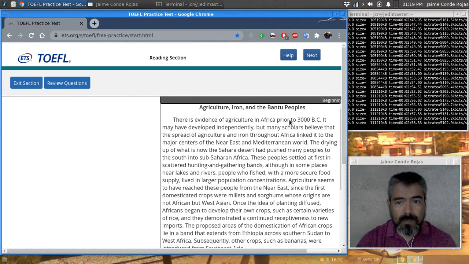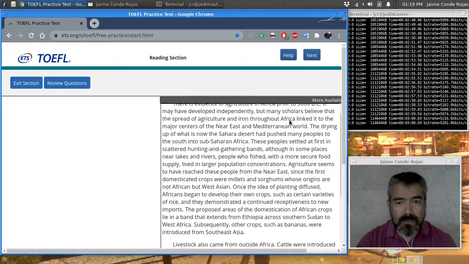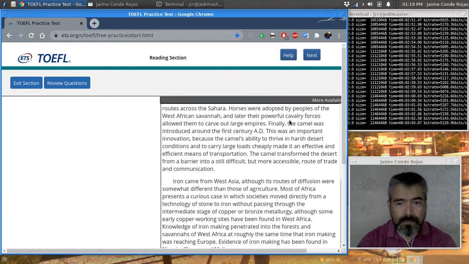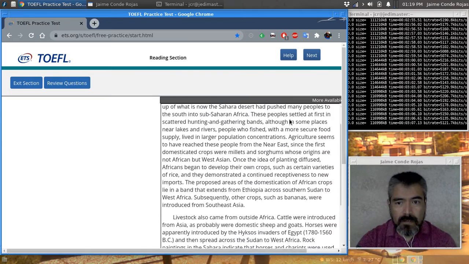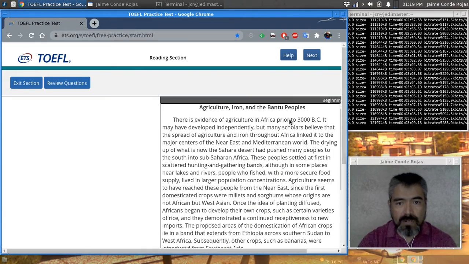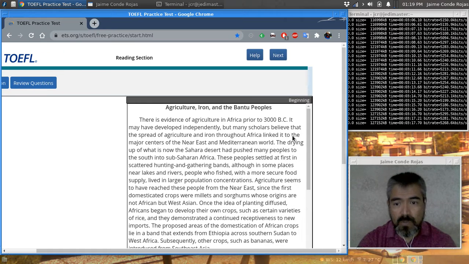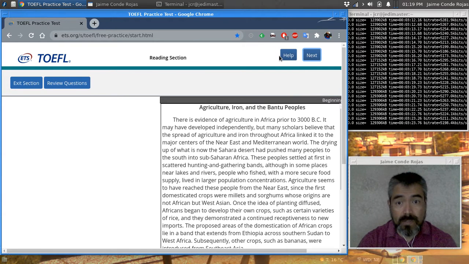So here you have the whole text. Agriculture, iron, and the Bantu peoples. If you start reading the whole text, maybe you will struggle with the time during the test.